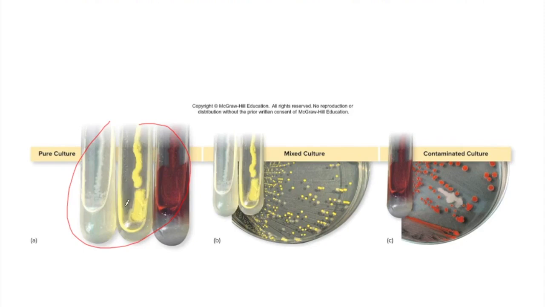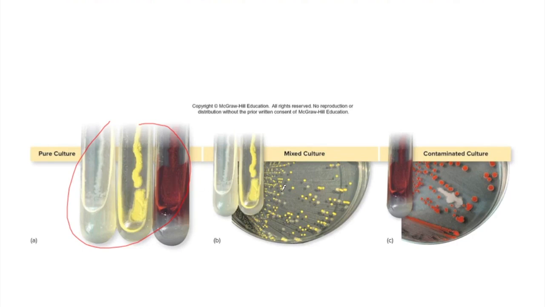Excuse me, these yellow colonies are in the medium for the growth of Micrococcus luteus. The red colonies are in the medium for the growth of Serratia marcescens. So this is a pure culture. That means there is only one microorganism in the medium.